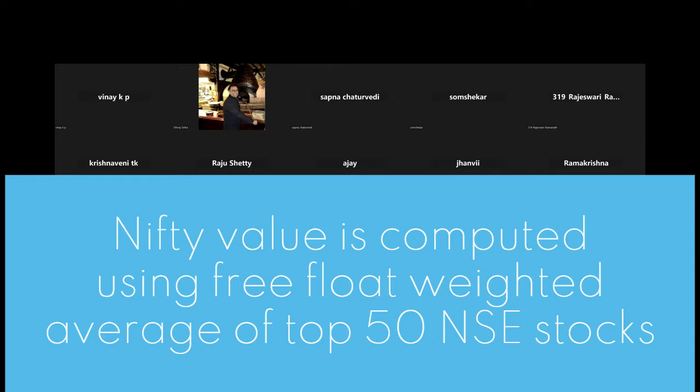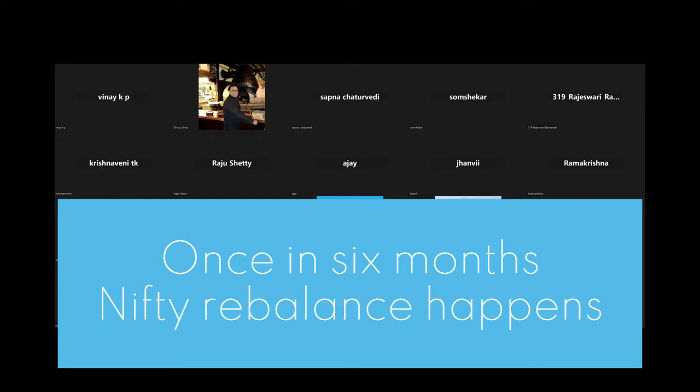Now, one of the things you please keep in mind is that the top 50 companies today are not the same as they were, say, even 6 months back. 6 months back, Shree Cement was part of the index. Adani Enterprise was not. Today, Adani Enterprise is part of Nifty 50. Shree Cement is not. So every 6 months, NSE does a review and determines which companies should be part of it.